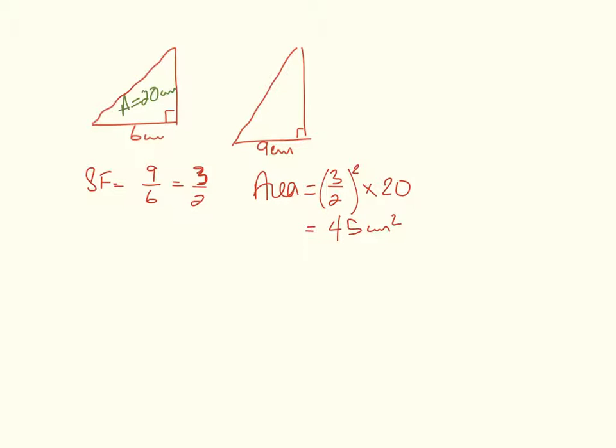I can do the same thing. Let's just say this was some sort of triangular prism. So I might just give this a little bit of depth there, and we've got a similar prism going along there. We might be doing the same thing for the volume. So I might say that the volume of the smaller one is equal to, I don't know, let's call it 60 centimeters cubed.